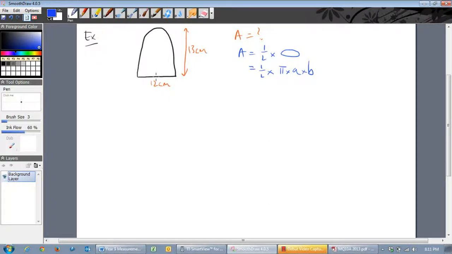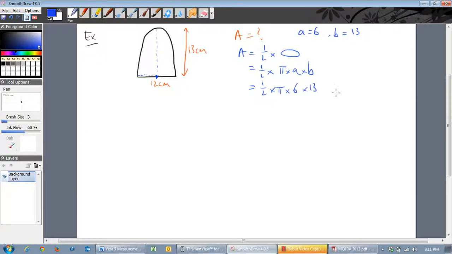Well, if you think of this as the center of the ellipse, then that's the long side and that's the short side sort of there. And so what's A equal to? Well, A will be equal to that little distance there, which is half of 12, which is 6. And B will be this distance from here to here, which is 13. Too easy.